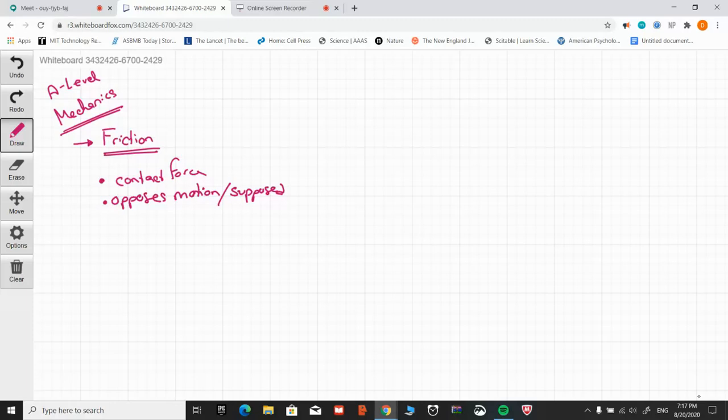So I'm going to repeat that. Supposed motion means it acts in the direction opposite to the direction in which an object, if the friction was removed, would move, right? So that is what friction primarily is.